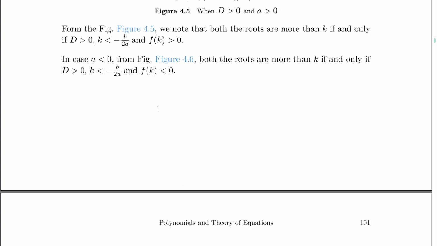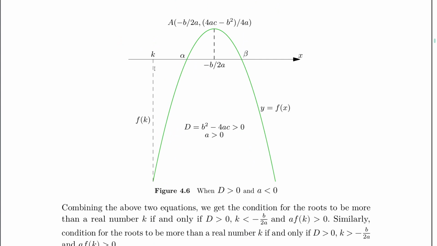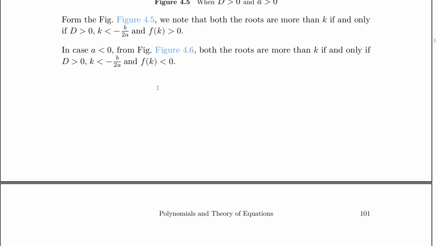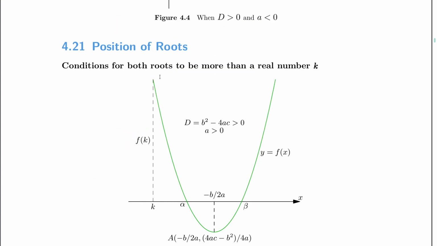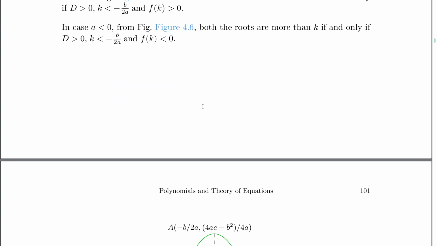Now we look at figure 4.6. k should be less than minus b by 2a, and f(k) should be less than 0 also. In that case, what we need is that roots will be greater than some real number k.